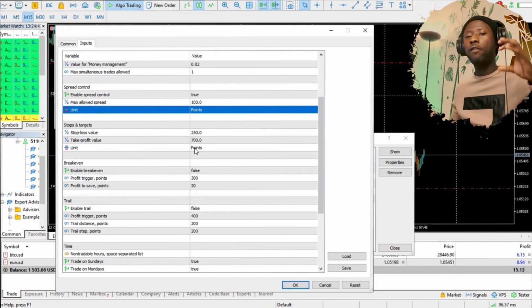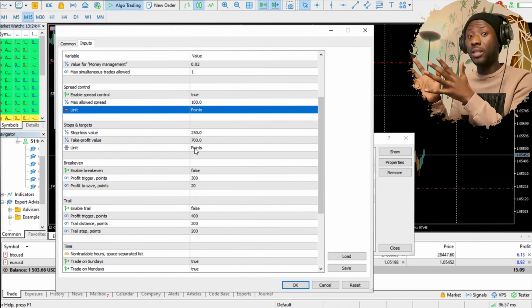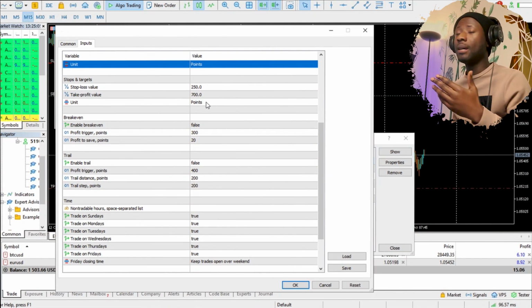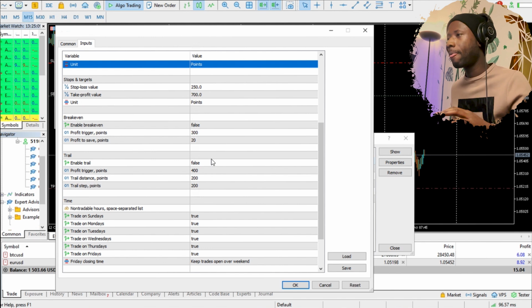So you want to have control of this parameter. You want to have this parameter in your robot. Why? So that you can decide the risk to reward ratio, whether you want to go in for a trade of a risk to reward 1:1 or 1:2 or 1:3, all right? In my case, I'm going in for a risk to reward around 1:3. Do you understand me?